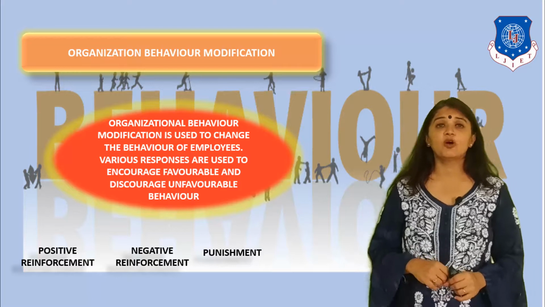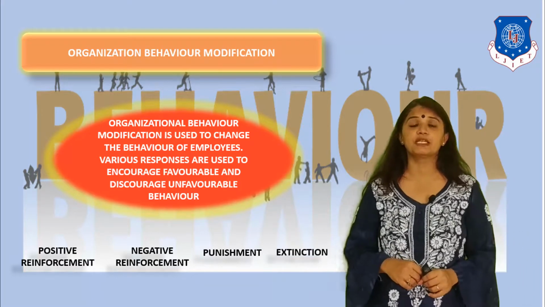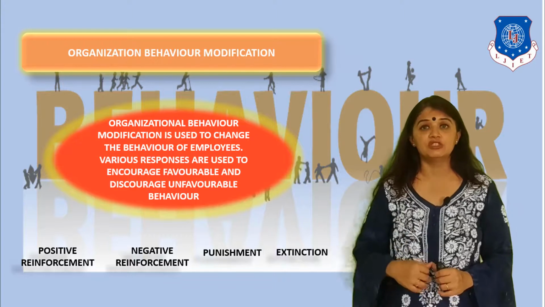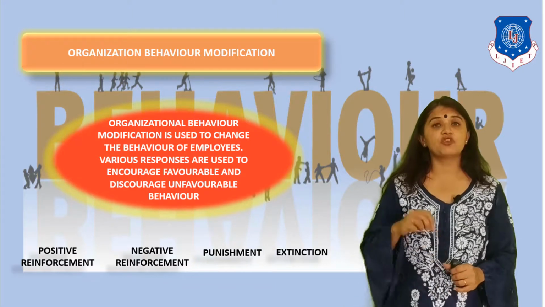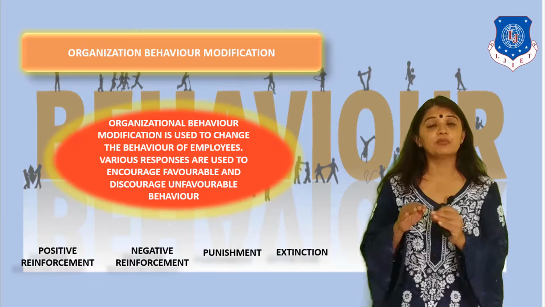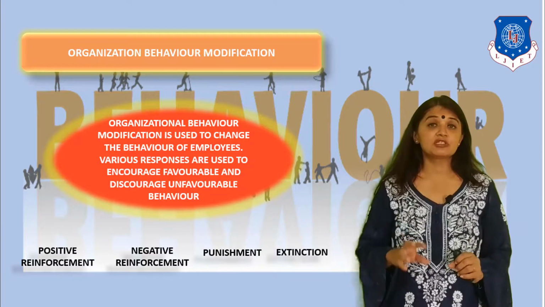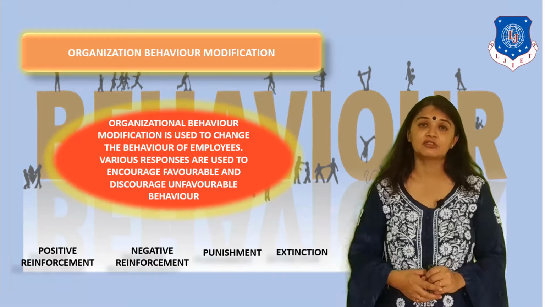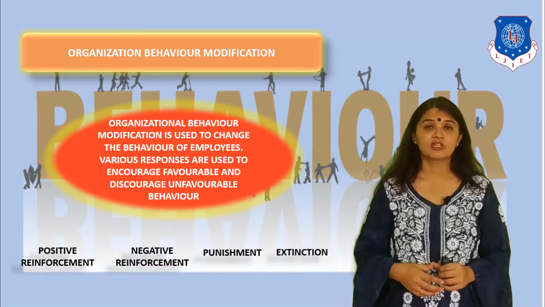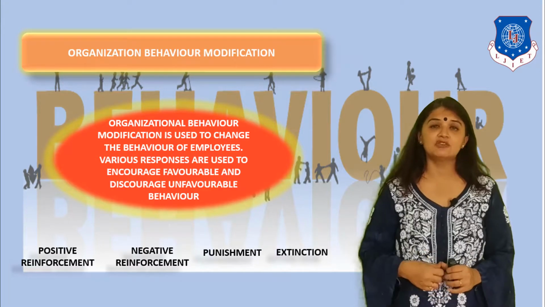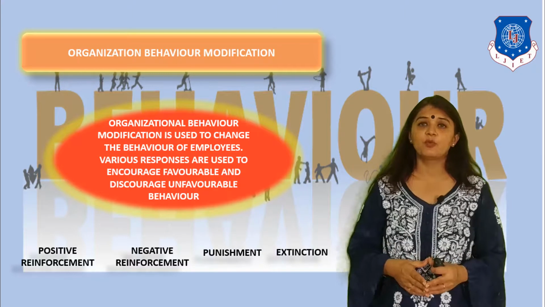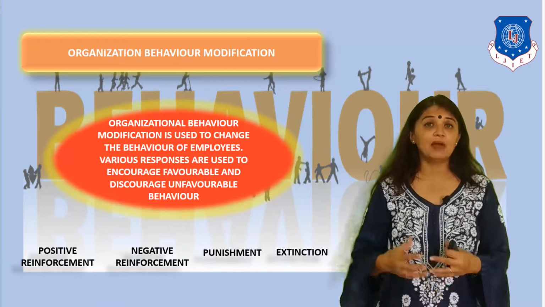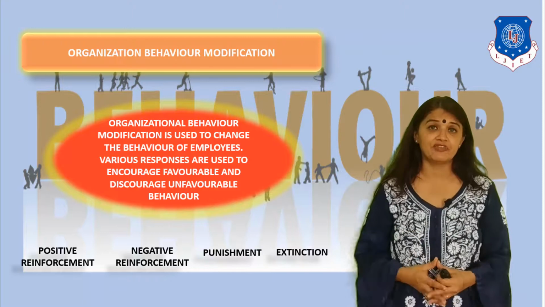The fourth component of behavior modification is extinction. Now, if a behavior needs to be changed, the consequence of that behavior is completely removed. So the person is no longer motivated to do that particular action. What does this mean? For example, we all must have seen that sometimes kids, in their innocence, behave badly and parents laugh at them.